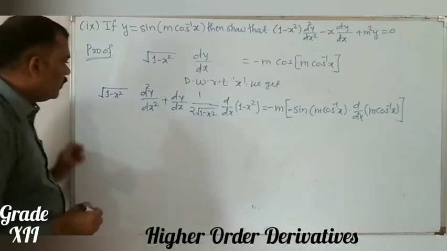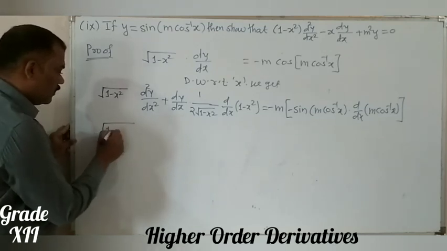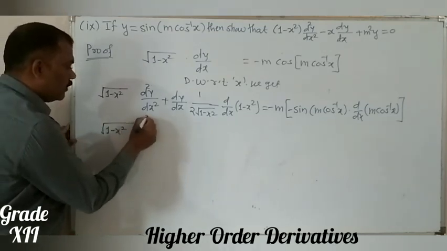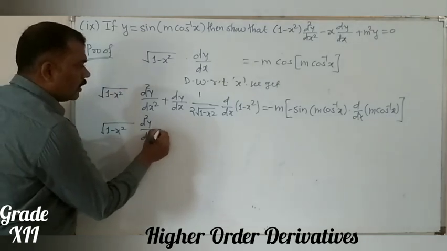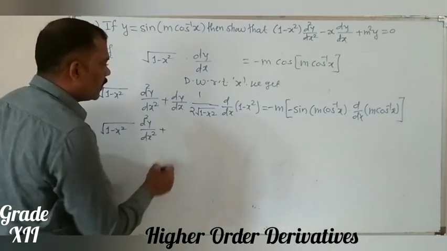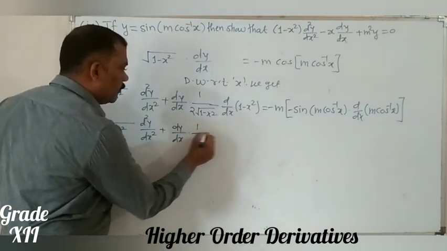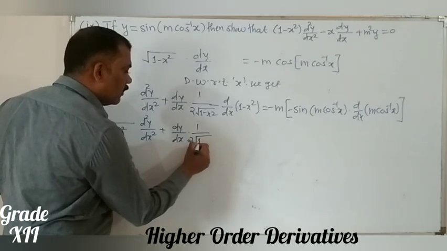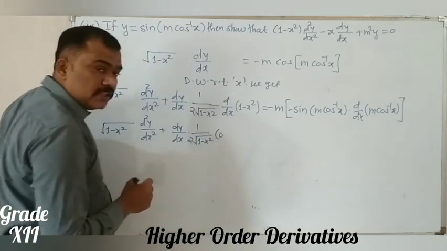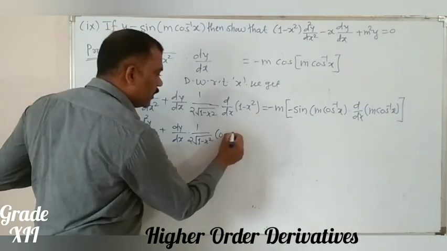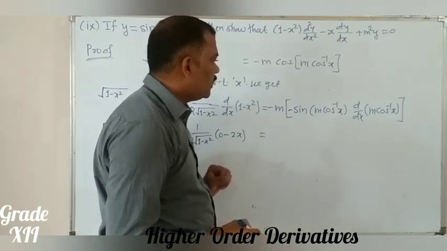Okay, so here we get under square root of 1 minus x square into d2y by dx square plus dy by dx into 1 upon 2 times under square root of 1 minus x square. 1 is a constant, its derivative is 0, minus the derivative of x square, it is nothing but 2x, is equal to this minus becomes plus.